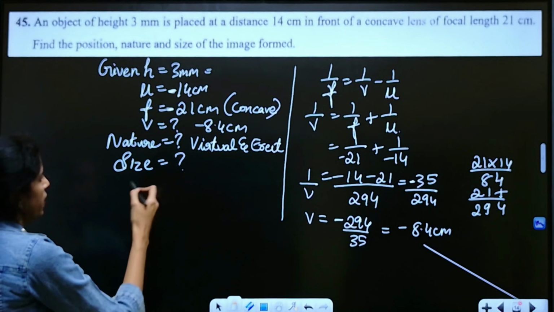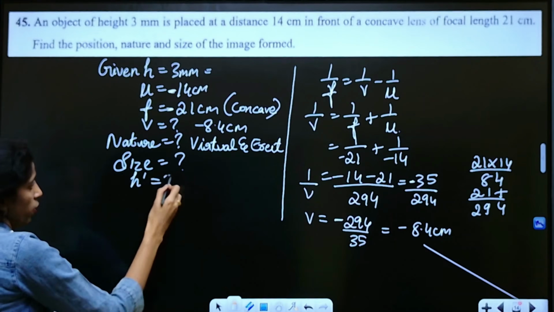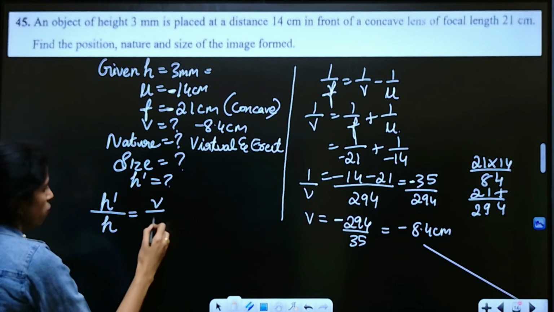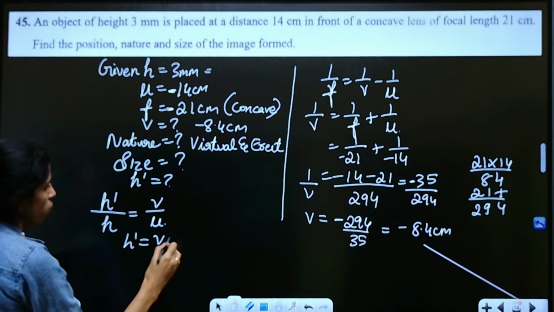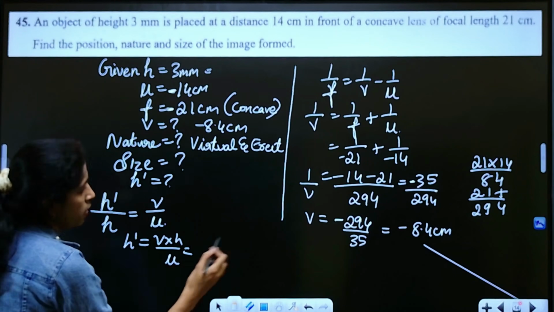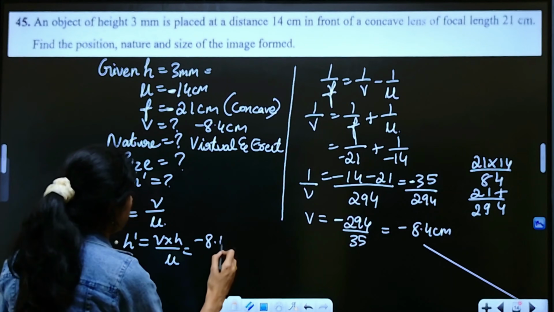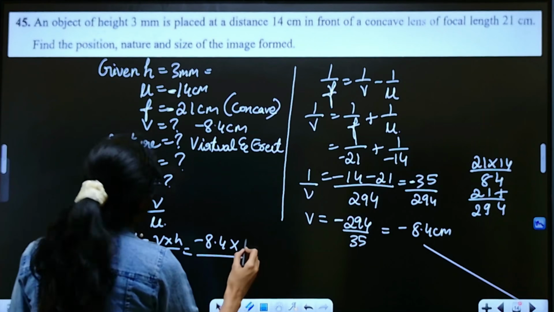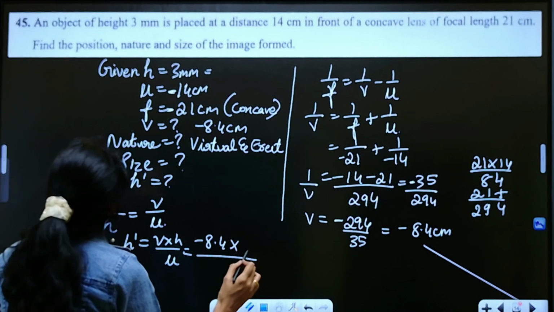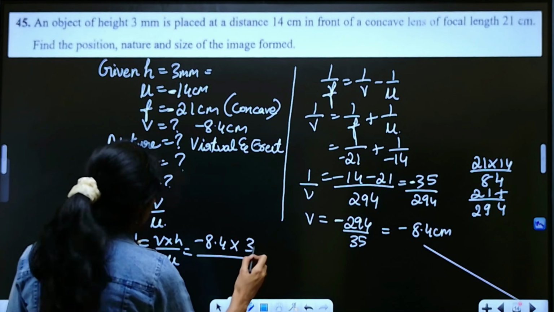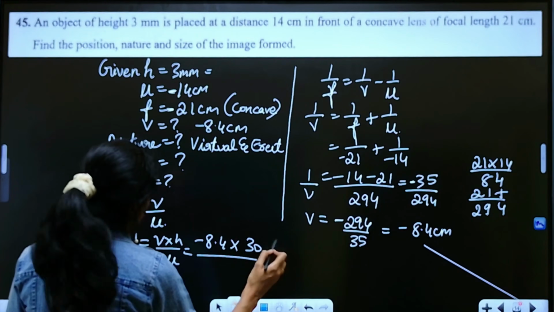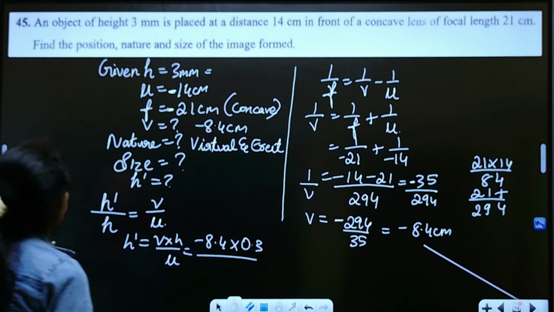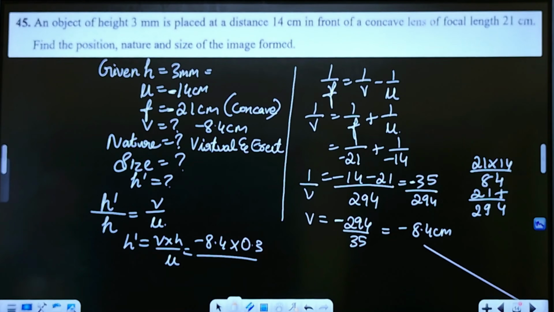Now to find the size of the image, that is h dash, the height of the image, we have a magnification formula, right? h dash by h equals v by u. So h dash will be equal to v into h by u. The value of v is minus 8.4. The value of h is 3 millimeter, which is 0.3 centimeter.